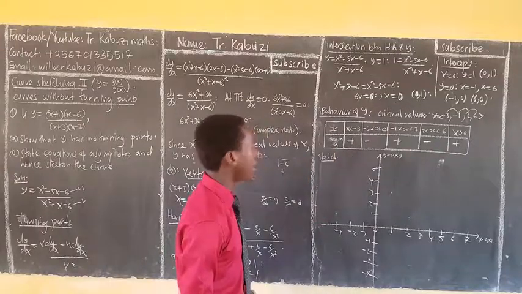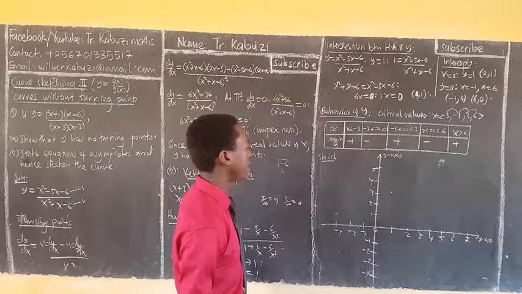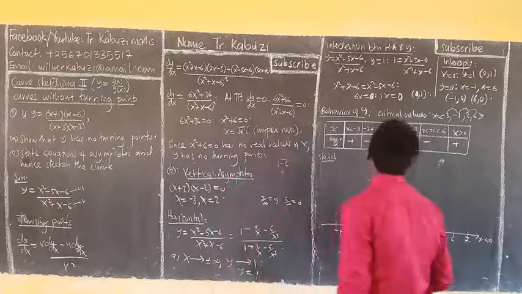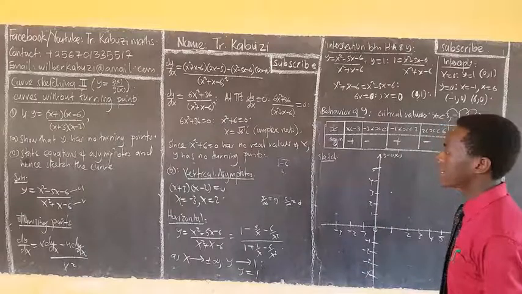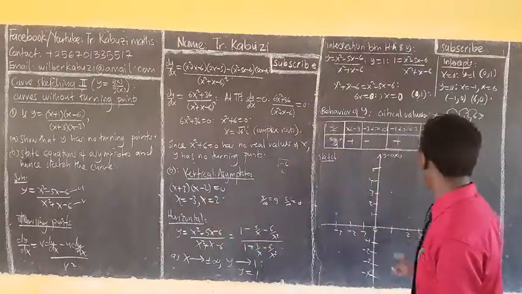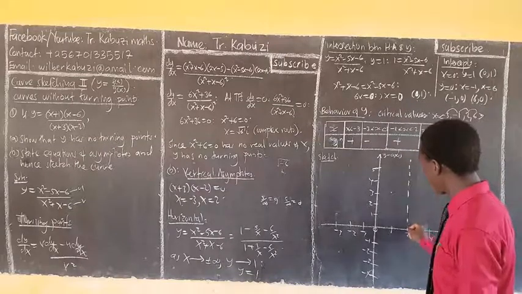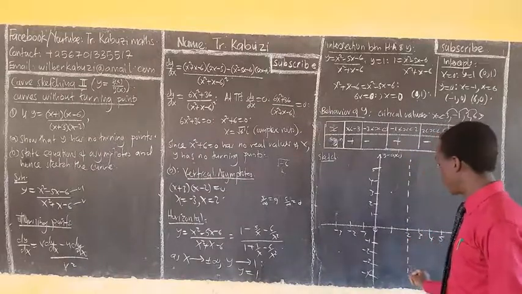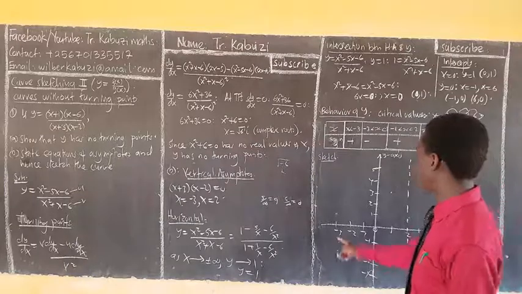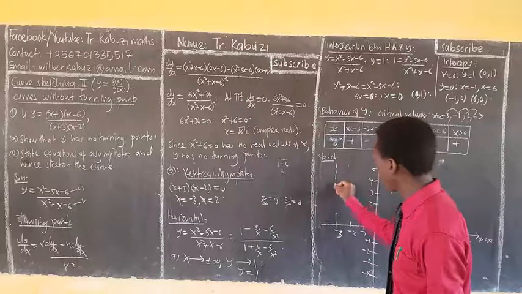Now we come and see how we are going to sketch that. Start by sketching our asymptotes. Our asymptotes are x equals 2, which is here, and also x equals negative 3, which is here.